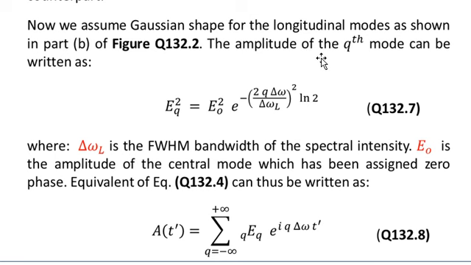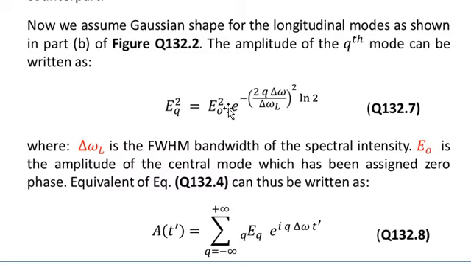And if you want to talk about the amplitude, you need to take the square root of both sides of this equation. But here this is not the amplitude, but the intensity corresponding to the qth amplitude following a Gaussian distribution.